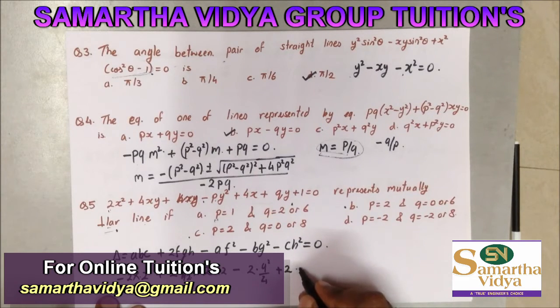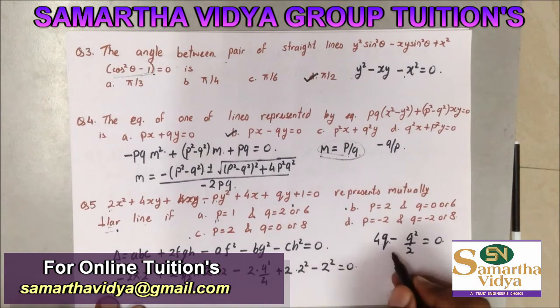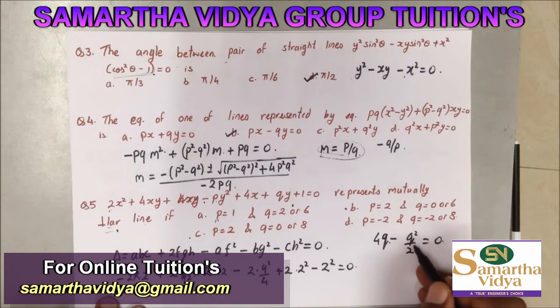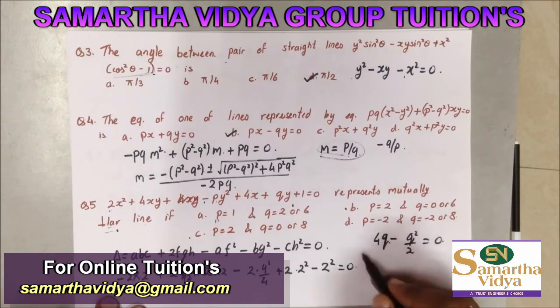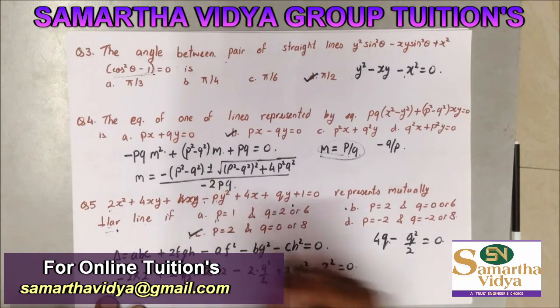G square is going to be coming as 2 square, and minus C into H square, which is also coming as 2 square, is equal to 0. So if I solve this equation, I'll be getting 4q minus q square by 2 is equal to 0. And if you solve that, you'll be getting the value of q as 0 and 8. So that's nothing but your option C.